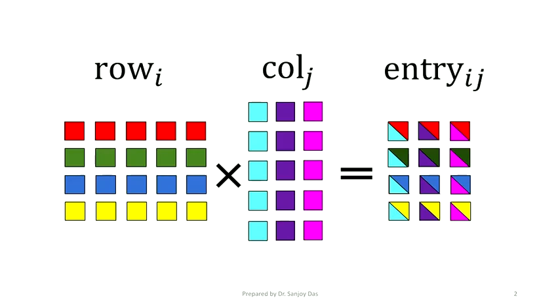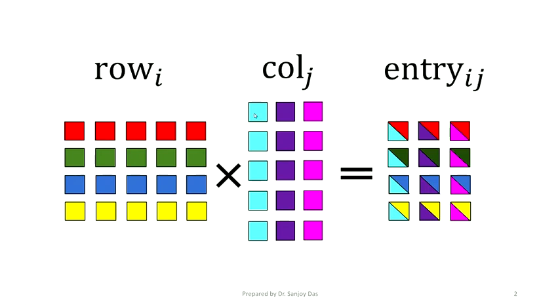Anyway, you definitely know how to multiply two matrices. The inner dimensions of the two matrices must be equal. This is a 4 by 5 matrix, so the inner dimension is 5, and this is 5 by 3. The outer dimensions are 4 and 3. The product will be a 4 by 3 matrix. So this times this plus this times this plus this times this.